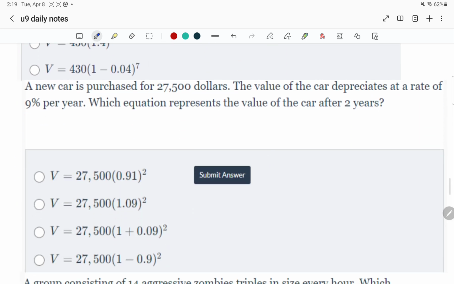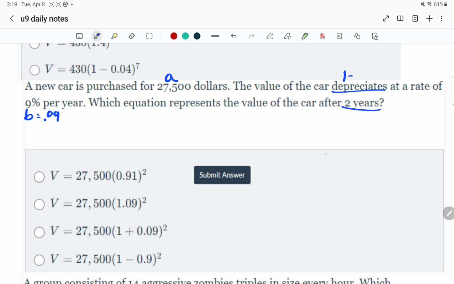We're going to go through these now just a little bit faster. A new car is purchased for $27,500. There's your A. The value of the car depreciates. So appreciates is plus 1, depreciates is minus 1, at a rate of 9% per year. That's my B, and I'm going to convert that to a decimal, 0.09. Which equation represents the value of the car after 2 years?